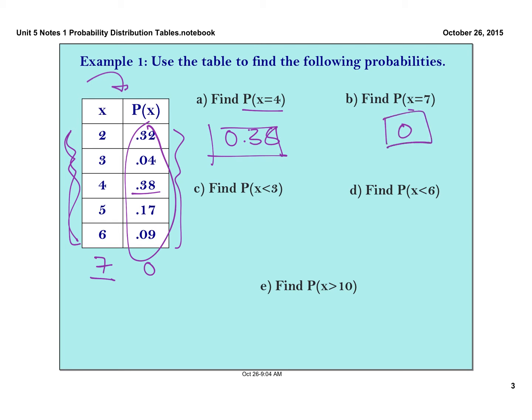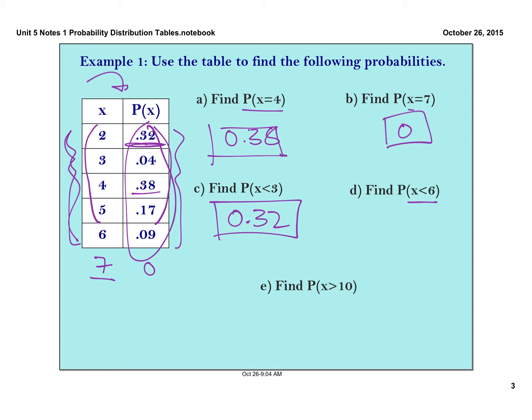If we look at the probability of x being less than 3, that does not include 3, so I'm only looking at 2, which is 0.32. That's the only value less than 3. Probability of x being less than 6 means that I'm looking at everything from 2 to 5.